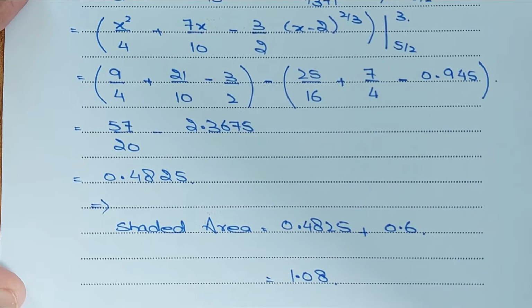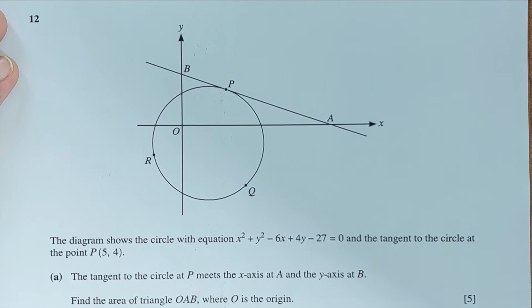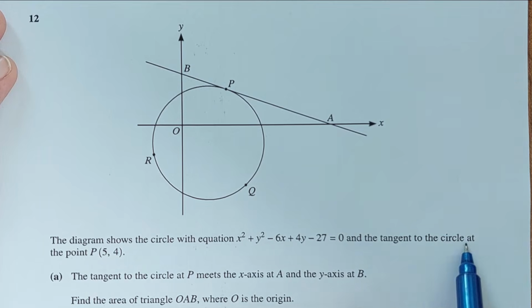Question number 12. The diagram shows the circle with the equation x squared plus y squared minus 6x plus 4y minus 27 equals 0, and the tangent to the circle at the point P, which is 5, 4.